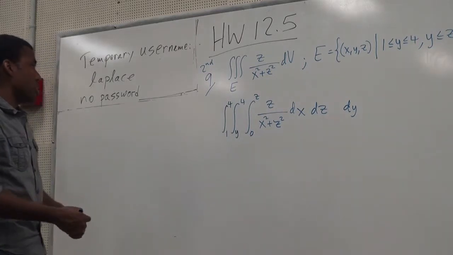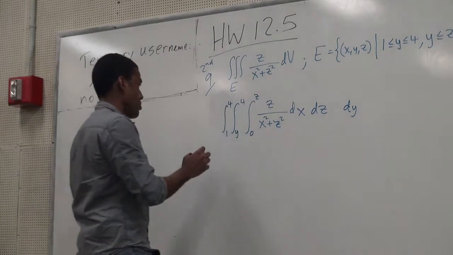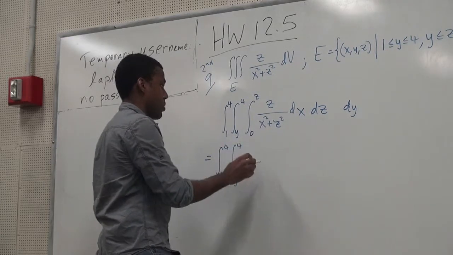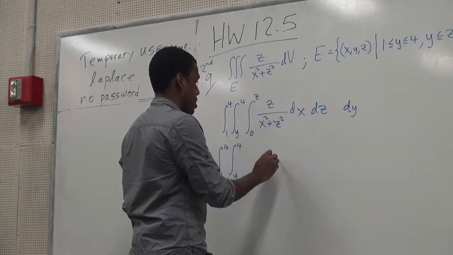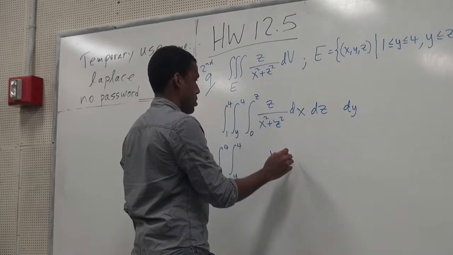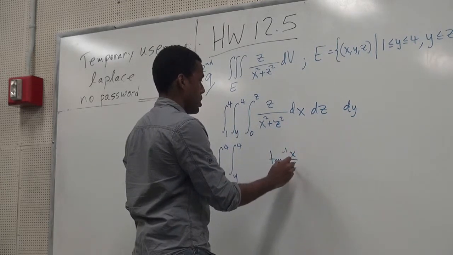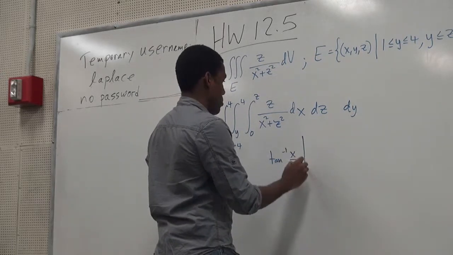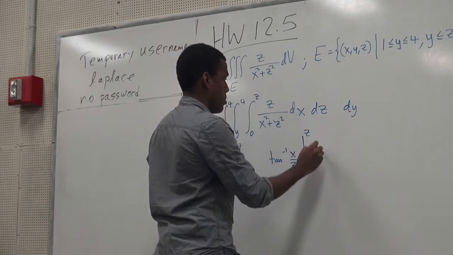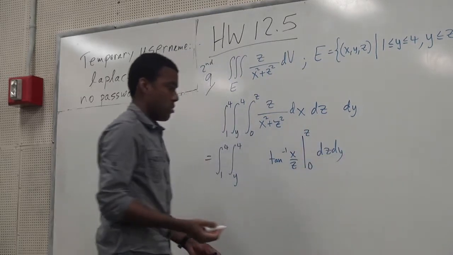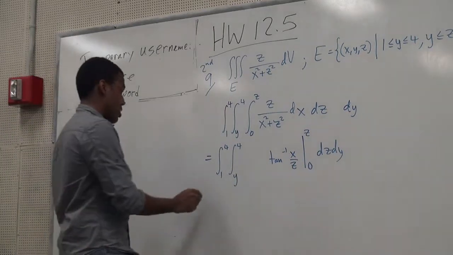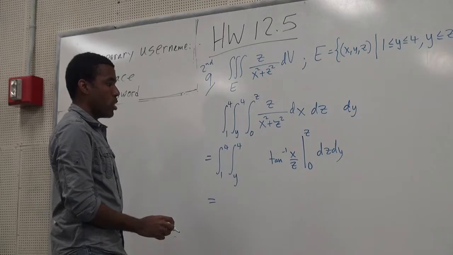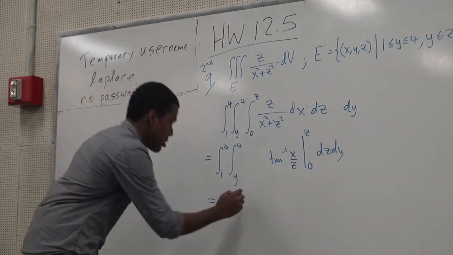So this is going to be... but instead I get tan inverse of 1, which is just pi over 4.